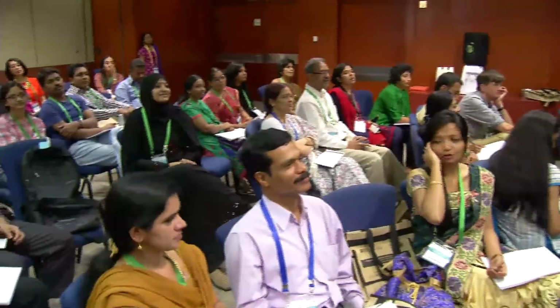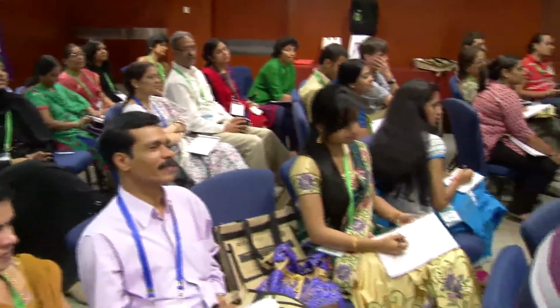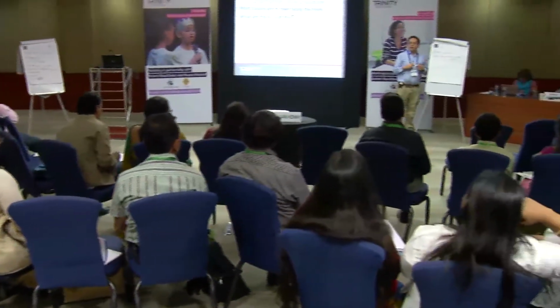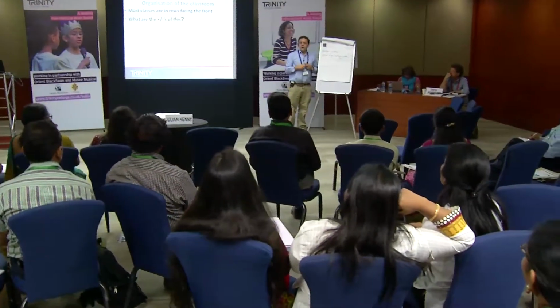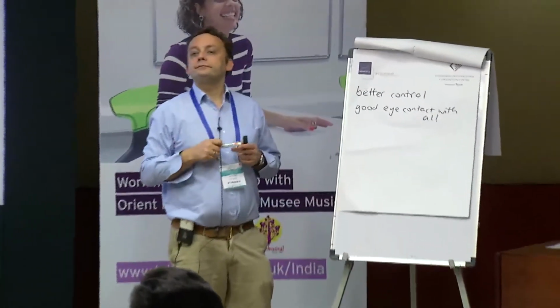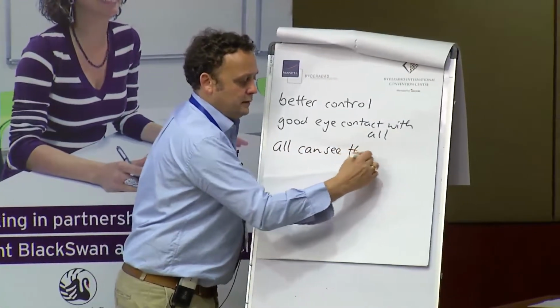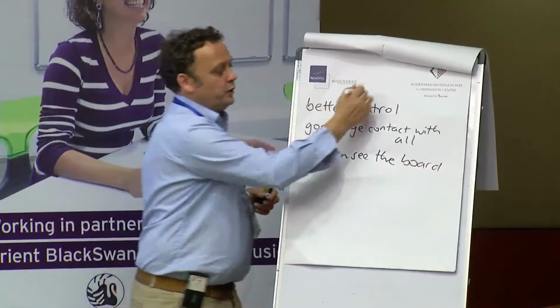How about some positives? Better control. Control for who? Okay. The teacher can make eye contact with the whole class. When do you need eye contact with all your students? Yeah, when you're giving instructions, when you're explaining new language, etc. Okay. The board can be viewed clearly by all the children. What about the negatives?